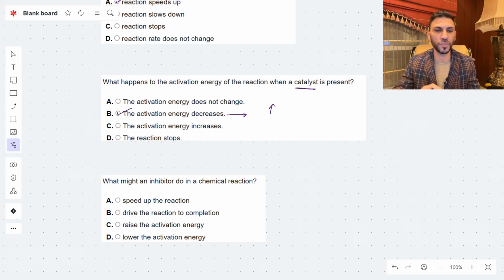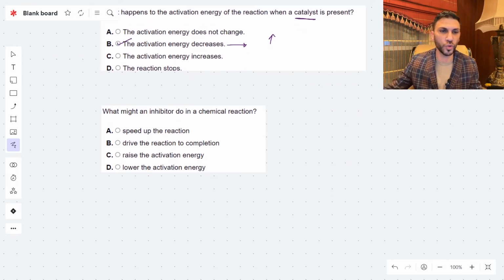And the last question for today is, what might an inhibitor do in a chemical reaction? Does it speed up the reaction, drive the reaction to completion, raise the activation energy, or lower the activation energy? Of course, the inhibitor slows down the chemical reaction by raising the activation energy.